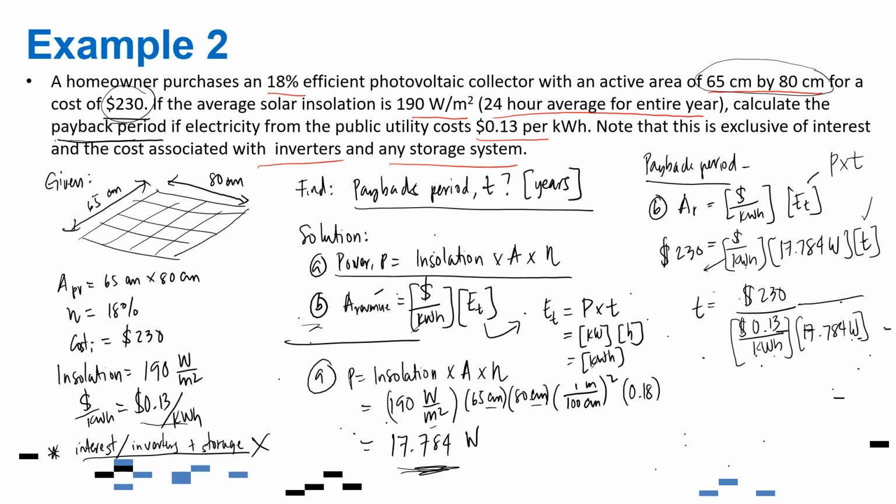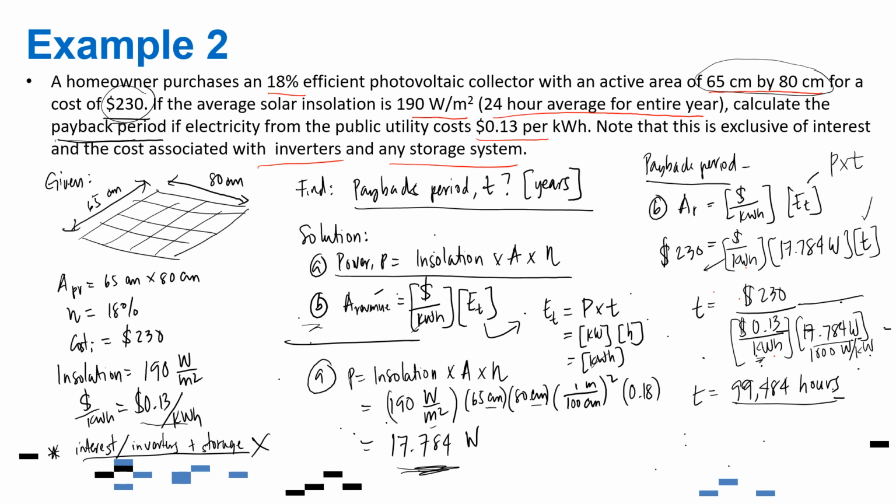In any case, these watts must be changed into kilowatts because we have kilowatts here. So we need to put 1 kilowatt per 1000 watts as a conversion. And so we now have T equal to 99,484 hours.